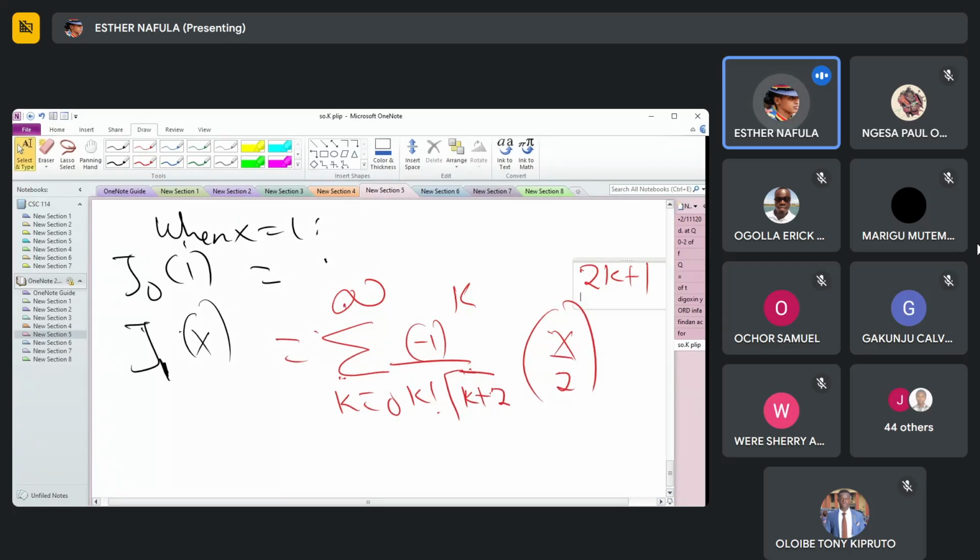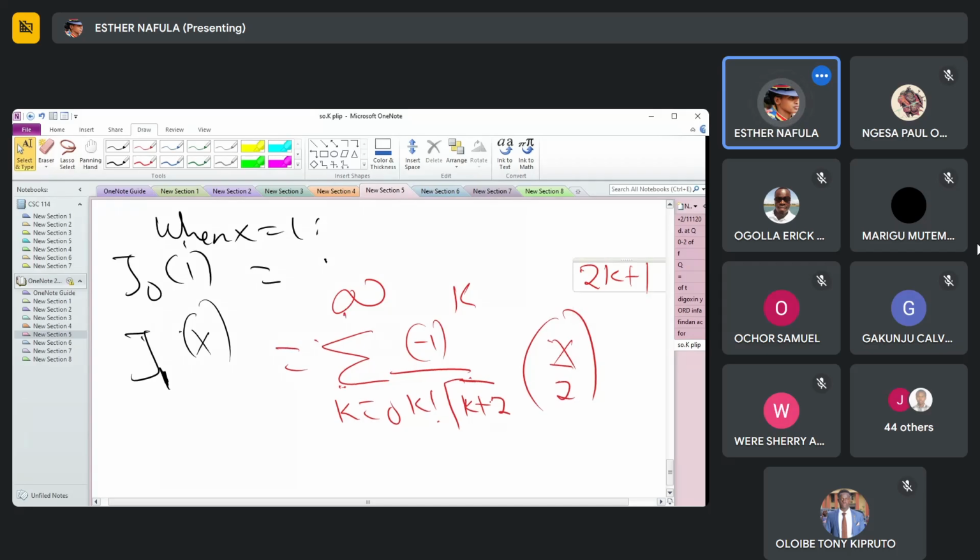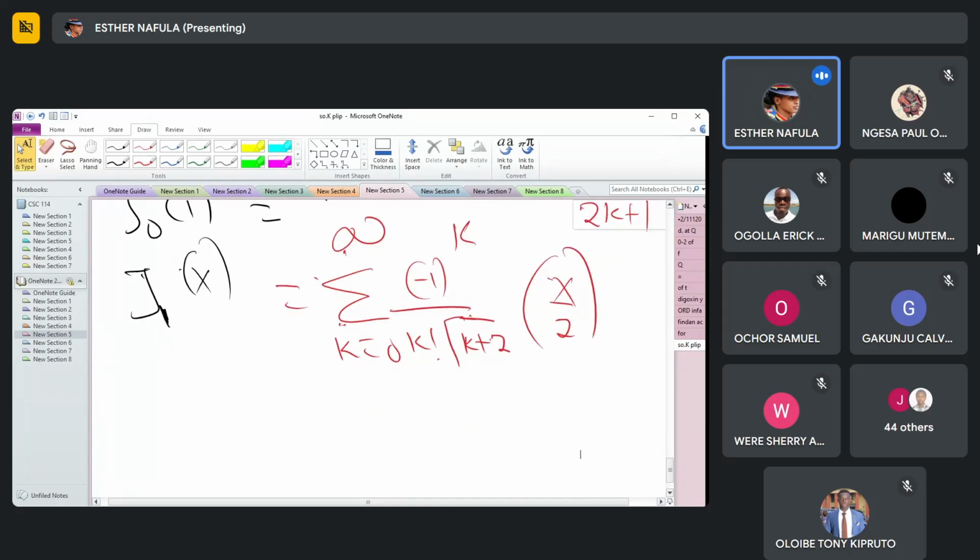Take a few values corresponding to k equals 0, say 1, 2, 3. Check the pattern. When k is 0, what do you have?